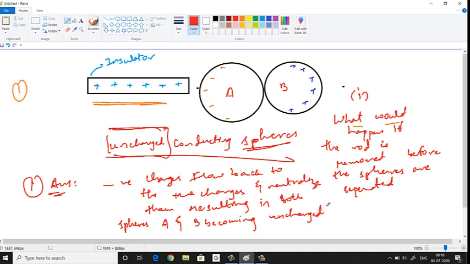What will happen? All these negative charges will start flowing here and neutralize all of them. So again, they'll become uncharged. All right.